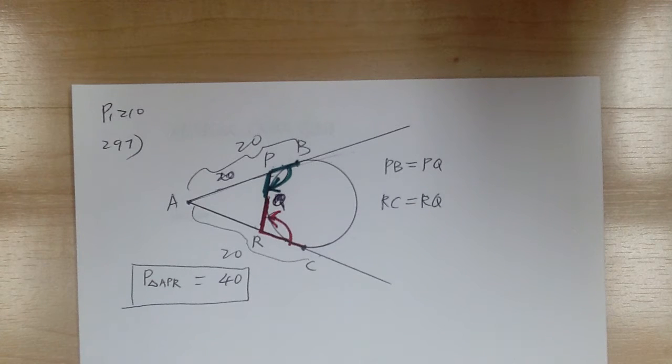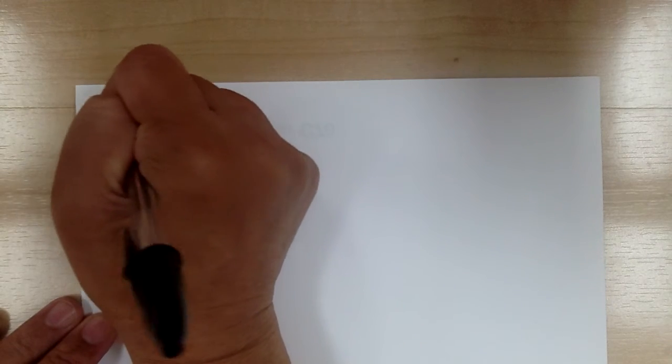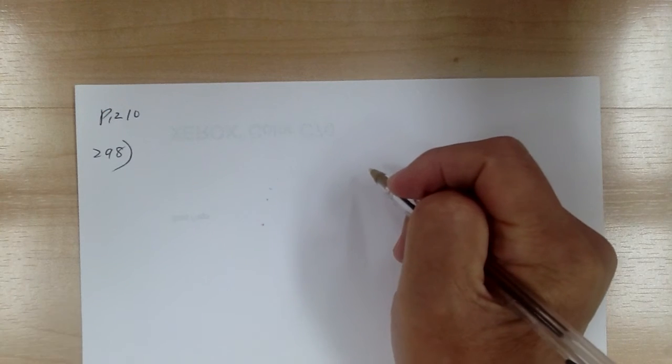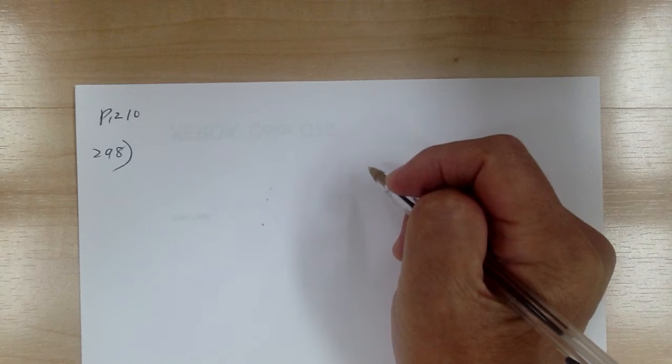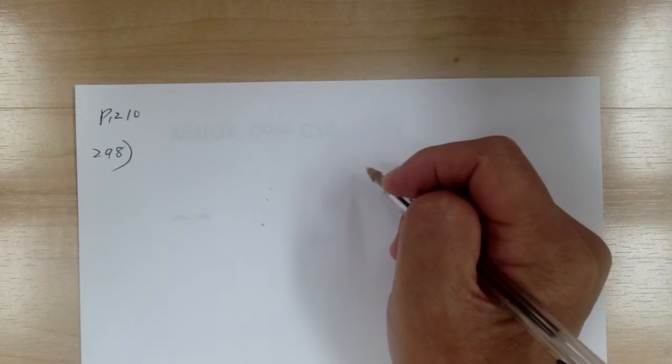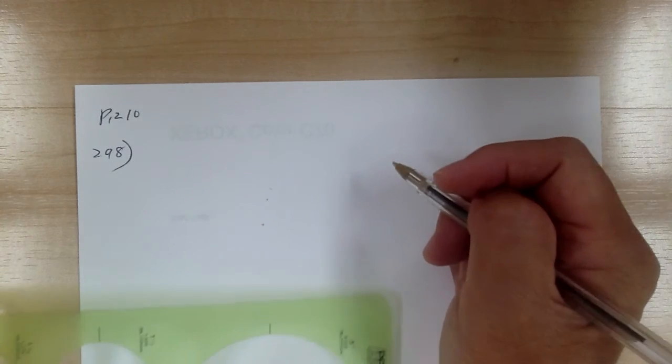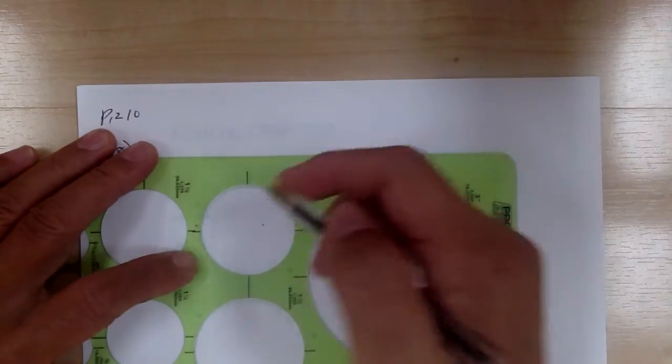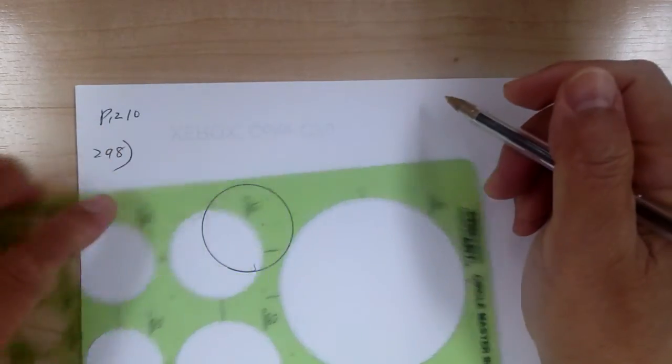Okay, let's go to 298. A circle is inscribed in a triangle. So I'm going to draw the circle first.